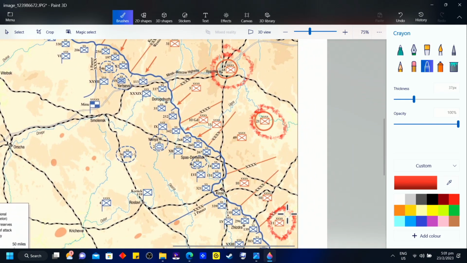These three armies were transferred from the Stavka reserve to reinforce the Western Front.